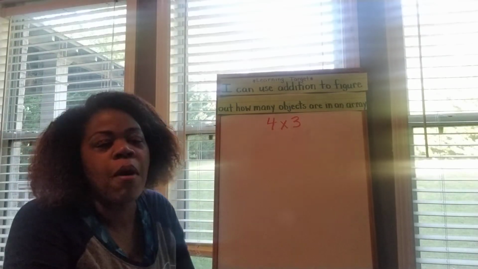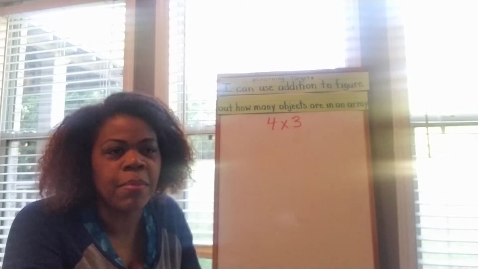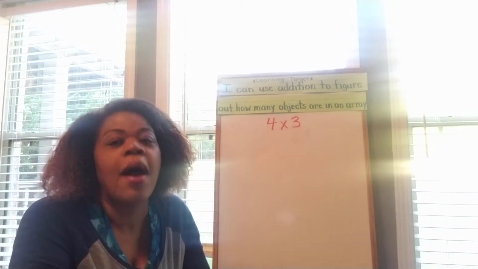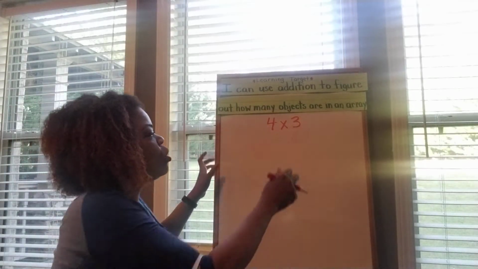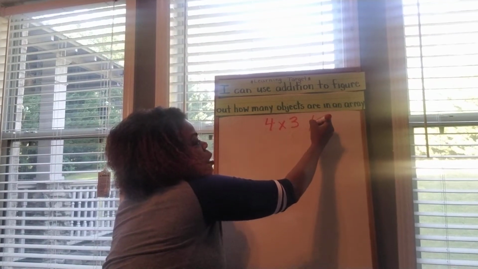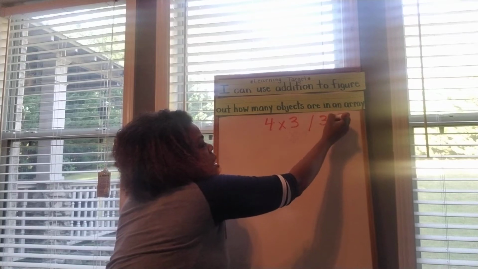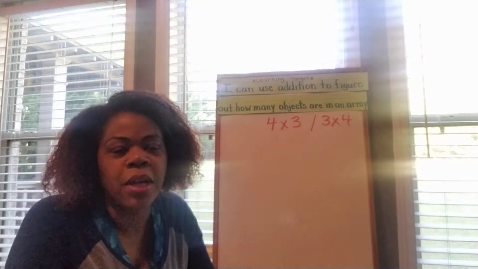So commutative property basically means you can reverse the numbers and it's the same problem. We could do that with multiplication, and we could also do that with what? Addition. We cannot do that with subtraction, right? So 4 times 3 is the same thing as 3 times 4. And that's the commutative property.